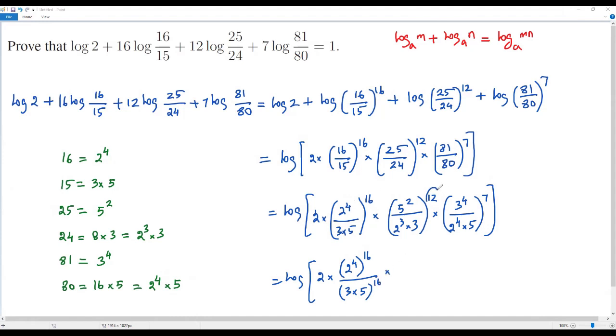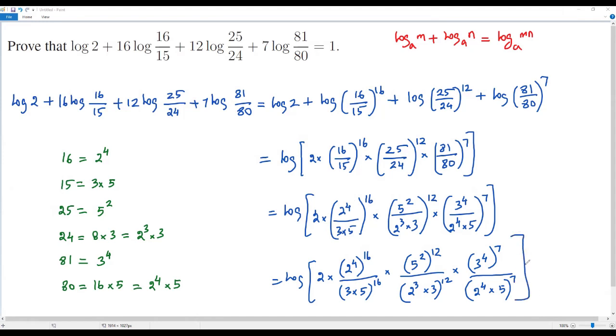The same thing here, we have an exponent for this fraction. Now we can take this 12 as an exponent for numerator and denominator. Then I'm getting 5 squared whole to the power of 12 divided by 2 to the third power times 3 whole to the power of 12. And the same thing we can do over here, that is 3 to the fourth power whole to the power of 7 divided by 2 to the fourth power times 5 whole to the power of 7.